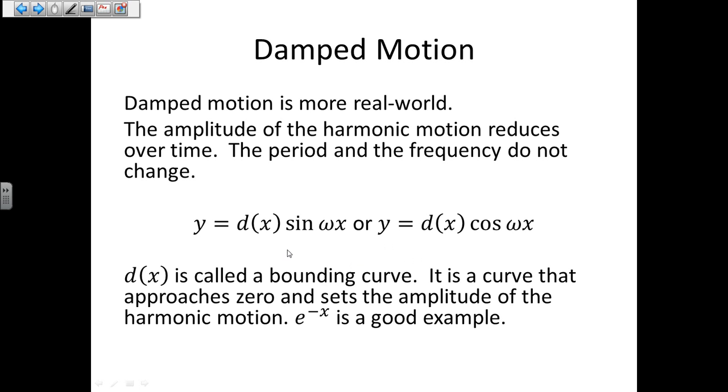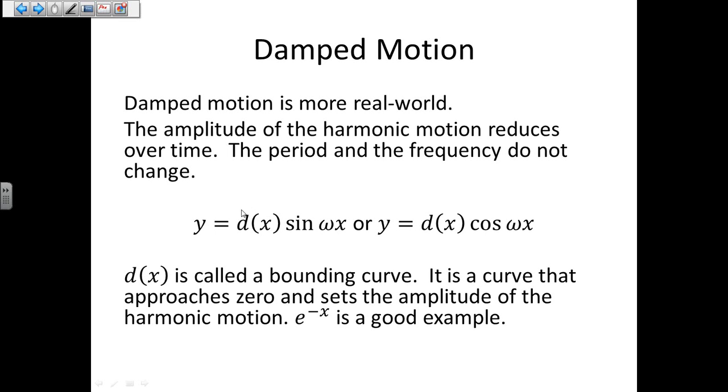Now what you're going to see is y equals some function here in the front. And that function is its own separate entity that's basically reducing the amplitude with time. So we've got this function times sine of omega x, or some function times cosine of omega x. Again, whether it's sine or cosine depends on where it's at time equals 0.